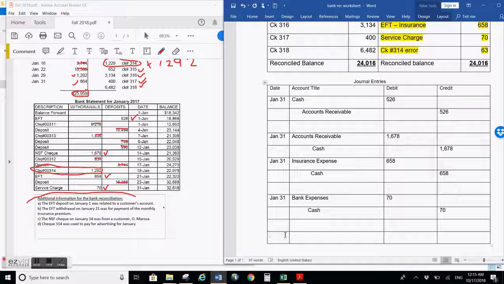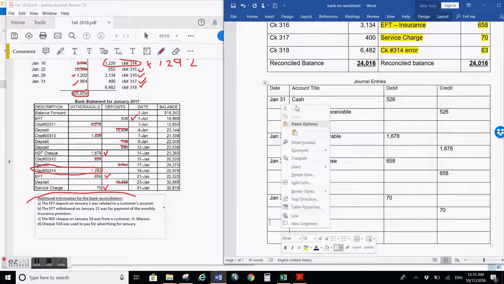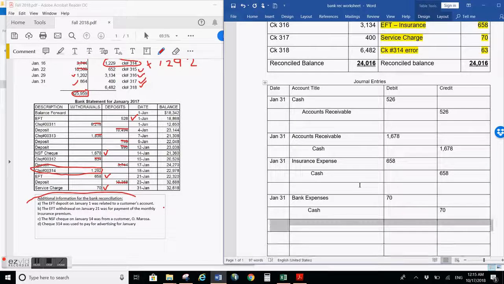Last but not least, we have that check error. So January 31st. Check 314 was used to pay for advertising.